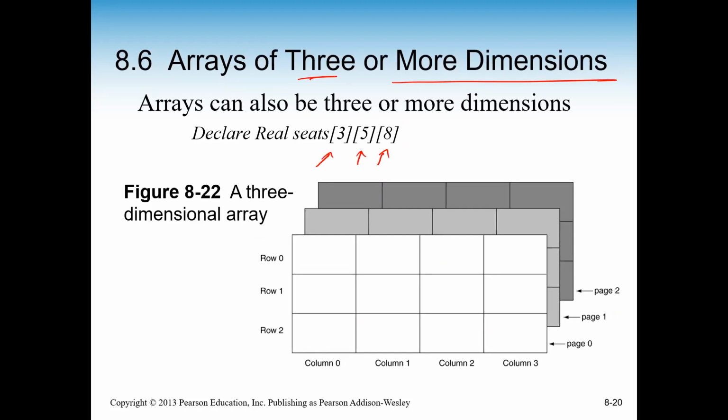If you want to remember how that works, think of a Rubik's cube or something. Basically this ends up looking like a 3-dimensional cube, and now you're going to index things into something like that.